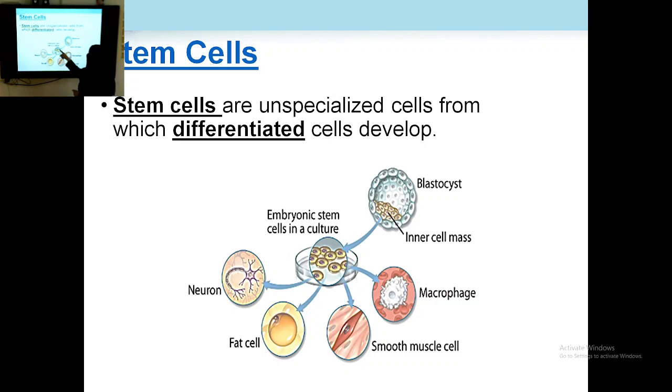After we culture these embryonic stem cells, they can form many types of cells like neuron cells, fat cells, smooth muscle cells, and macrophages, and these come from the inner cell mass. Again, this is the blastocyst, the hollow part, and the inner mass, from which we can take embryonic stem cells that can form many types of cells, okay?